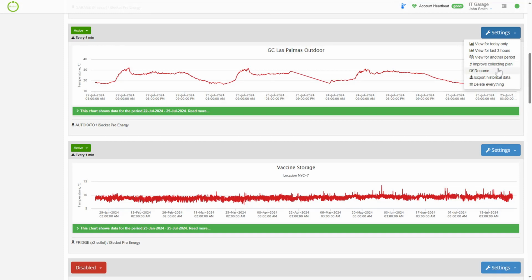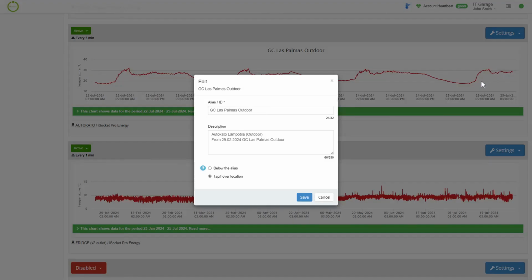I will show you some tricks. Because I use this IoT socket in different places, I collect data in different profiles. For example, right now it is just outdoor in Finland, but it was Las Palmas from that period to something else. I don't remember. I put these things in the description for myself.